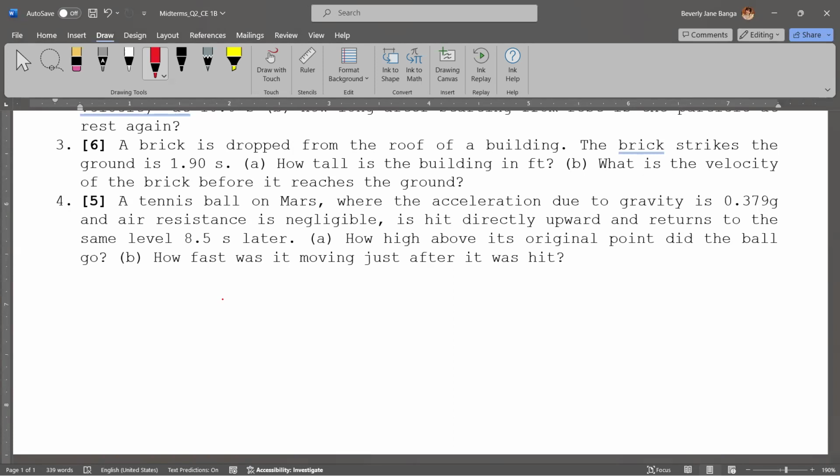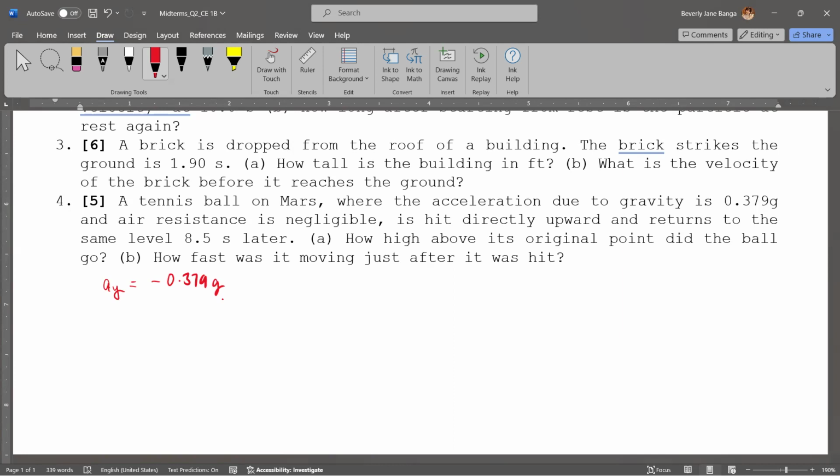Okay, so ang alam natin na sa Mars tayo, wala tayo sa Earth. So ay in Mars is simply negative 0.379 g. Again, negative because gravity, regardless of where you are, would always try to pull you down. Okay? So air resistance is negligible, hit directly upward.